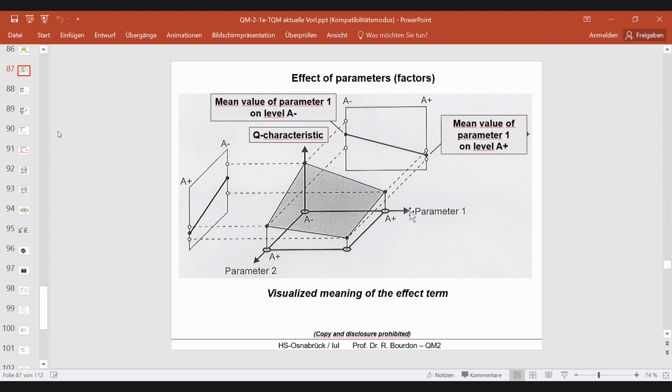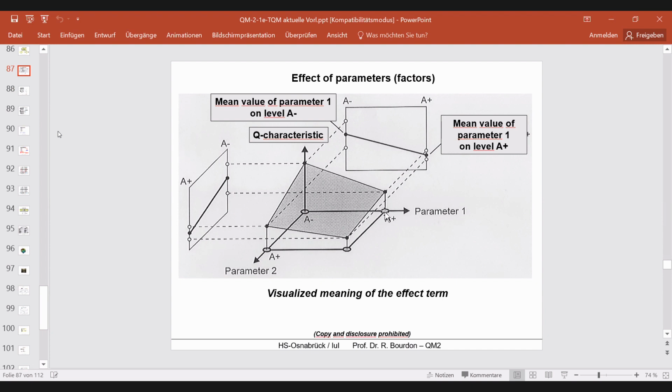You can set parameter 1, the temperature, at a high temperature, which is plus, and a low temperature, which is minus. So let's say 200 degrees is minus and 250 degrees is plus. You can define this completely free. So there's no limit what is minus and what is plus.